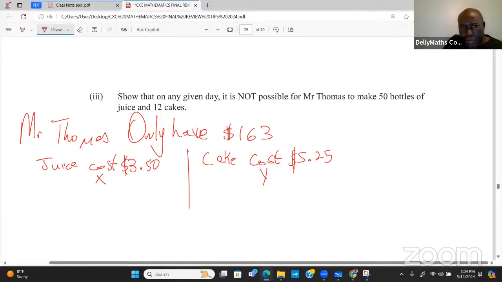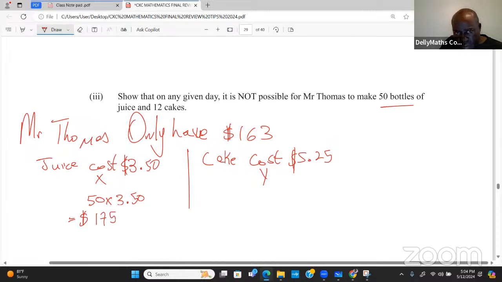So bottles of juice, 50: 50 times 3.50. I'm getting $175 right there. So this would have cost him $175 right now.